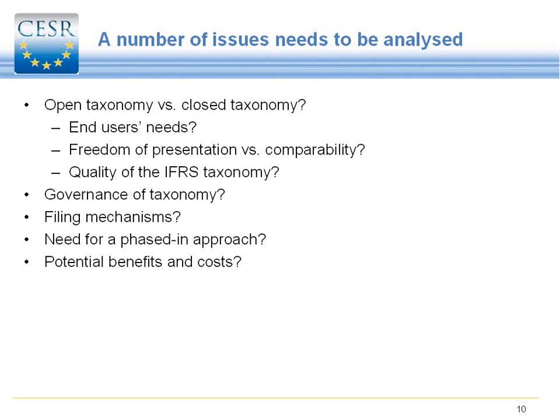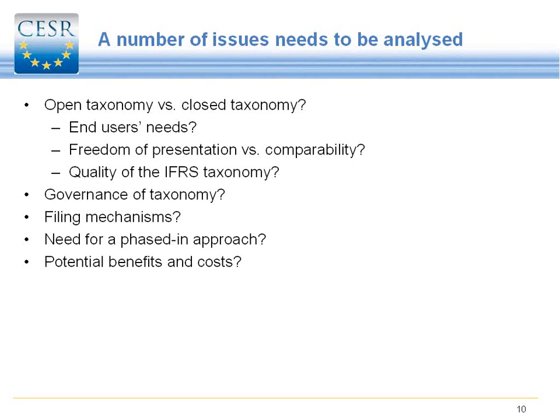Issuers can add their own extensions as long as they make available the taxonomy they have used. On the other hand, the possibility is to limit to a closed taxonomy.